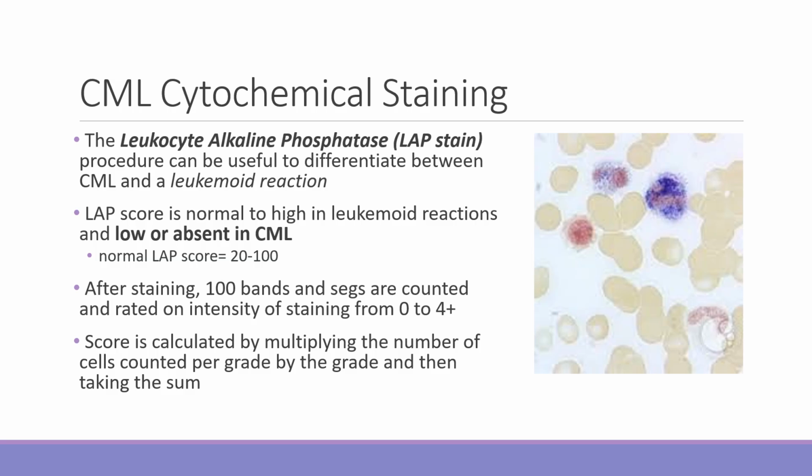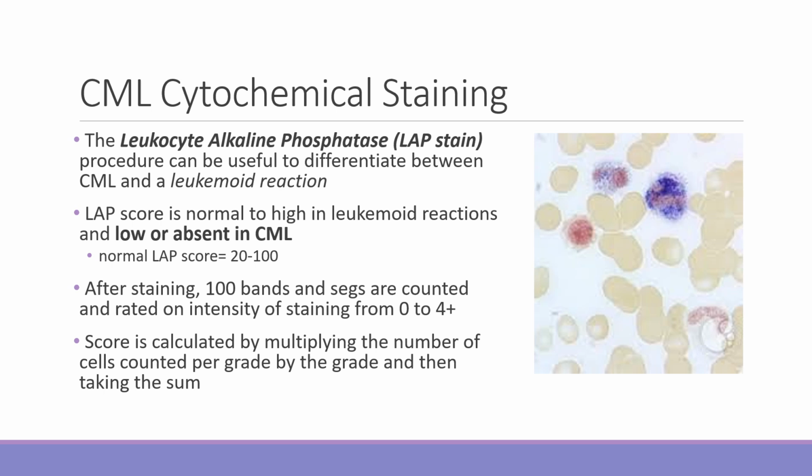Generally speaking, a LAP score is normal to high in a leukemoid reaction. So they stain very well, with a heavier stain. And in a CML patient, their white blood cells are going to stain low or absent. So they are going to be resistant to this LAP stain.